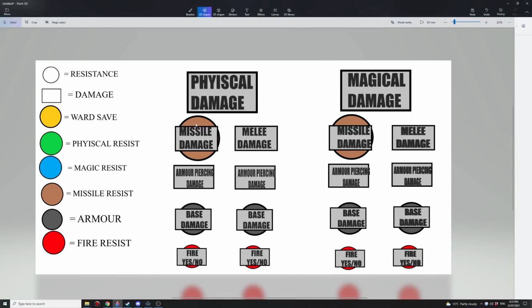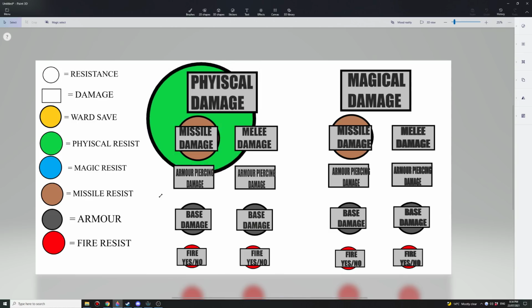Okay, so, again, missiles can be either physical or magical. Now, there isn't specifically any resistance for melee damage, so the way to block melee is with either physical or magic resistance. So, if we want to block physical, this physical resistance here will block everything in this category here.